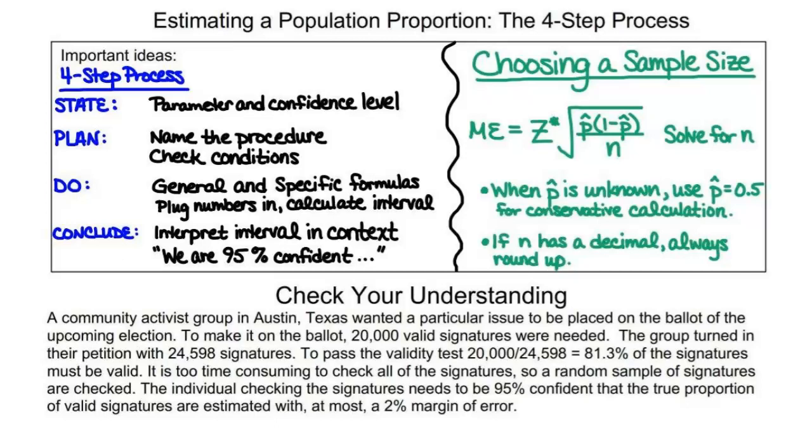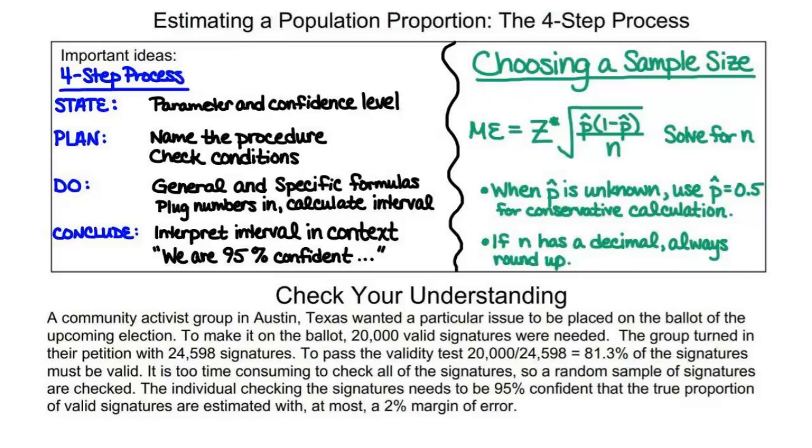We're going to use 0.5. When I multiply 0.5 times 0.5, that's the largest that numerator could possibly get. And then we leave n just n. And we're going to solve that for n. Do not round in the middle of the problem. You're going to divide your margin of error by your z star, by your critical value. Then you need to square both sides.